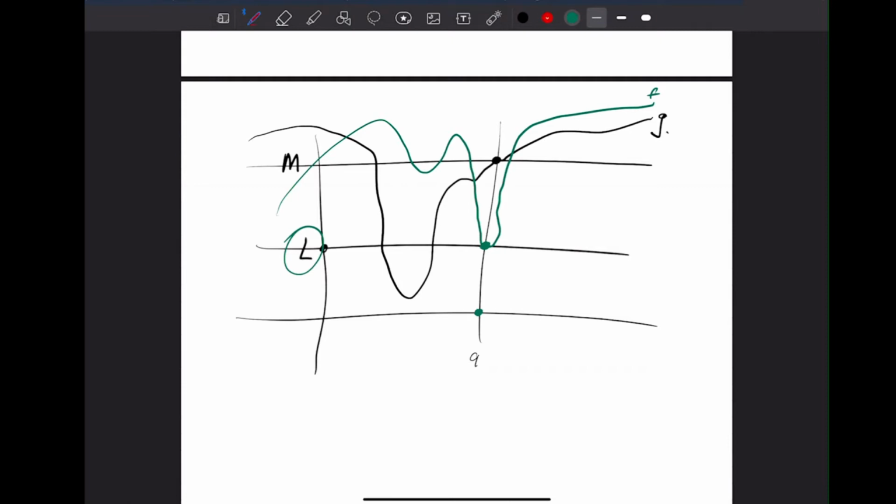So why don't we cut this interval in half? This interval from L to m. Let's cut it in half.